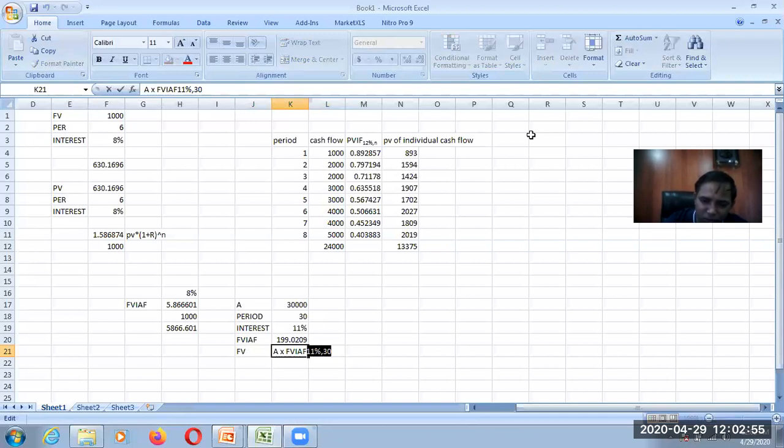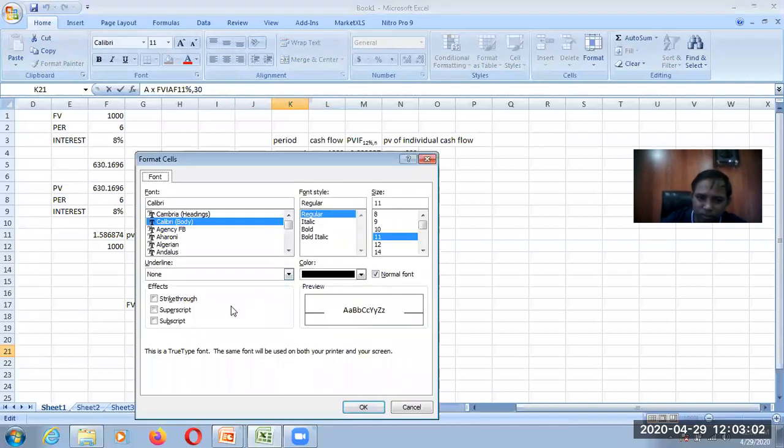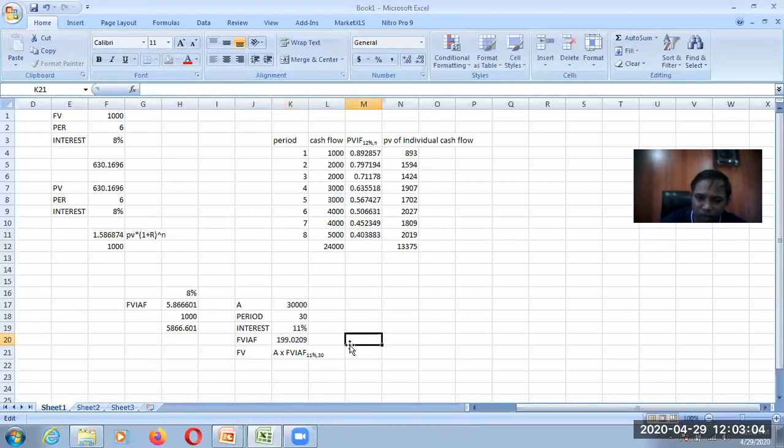Let us subscript this. So this is how it will look. This is the formula that you need to write, and this is the interest factor that we calculated.